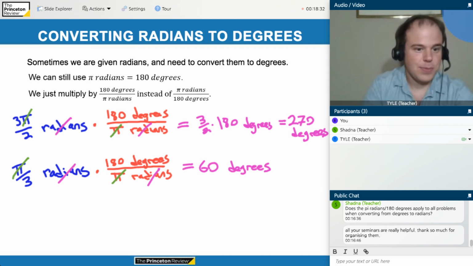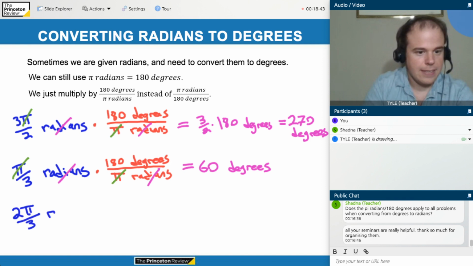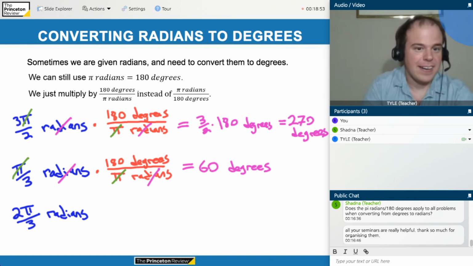And I'll do just one more. What should I do here? Sure, why not? I'll do 2 pi over 3 radians. So notice this is similar to the numbers we had before. It's just twice as big as pi over 3 radians, so I'm expecting to get 120 degrees since that's 2 times 60.